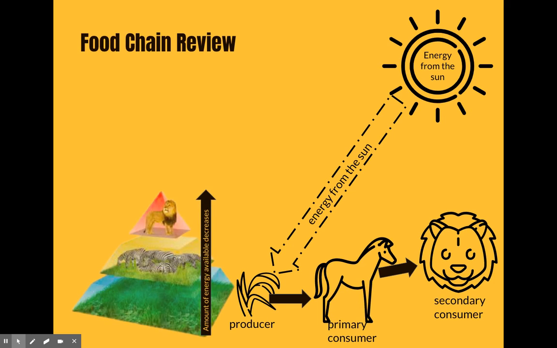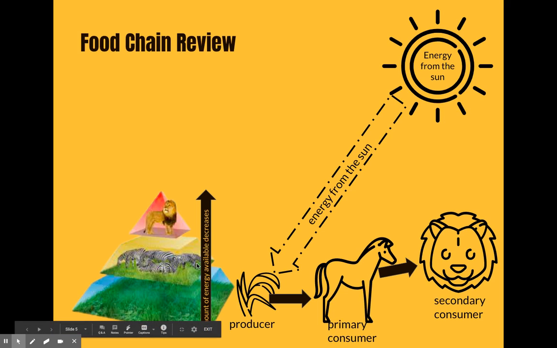Now we talked too about energy pyramids earlier this week, and let's remember that the amount of energy that is available decreases the higher up we go on that energy pyramid. So the most energy is available down here with plants because those are the producers. They manufacture the energy from the sun, so that it can be used by the rest of the ecosystem.